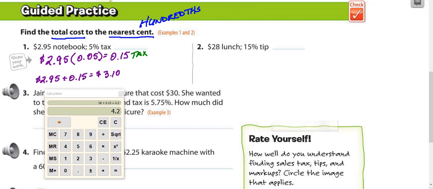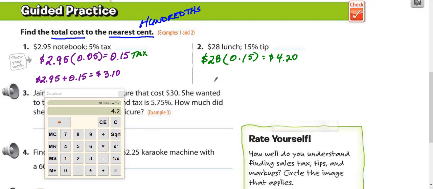And let's do number 2. So in number 2, we have $28 for lunch, and we're leaving a 15% tip, 0.15. So 28 times 0.15 equals $4.20.